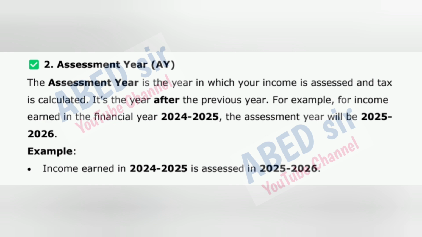For example, for income earned in the financial year 2024 to 2025, the assessment year will be 2025 to 2026. Example: income earned in 2024 to 2025 is assessed in 2025 to 2026.